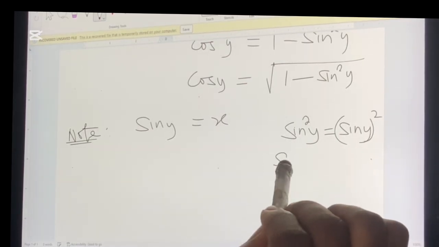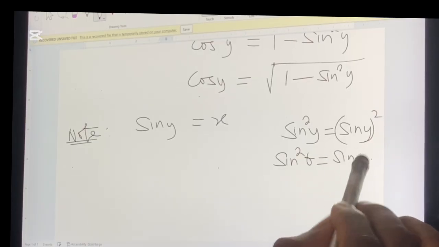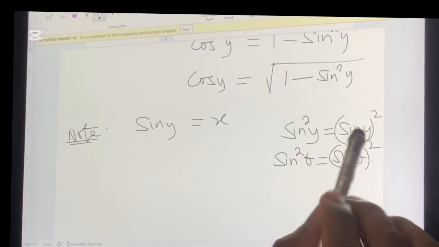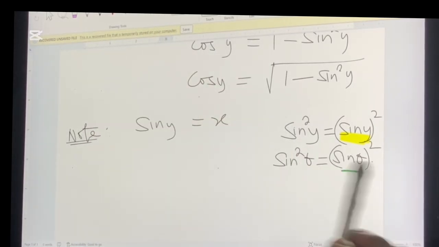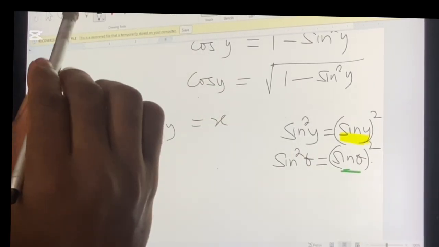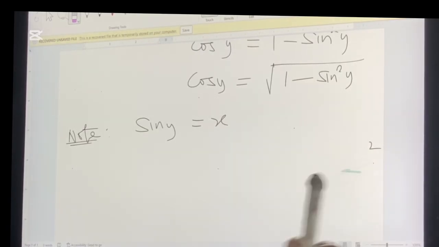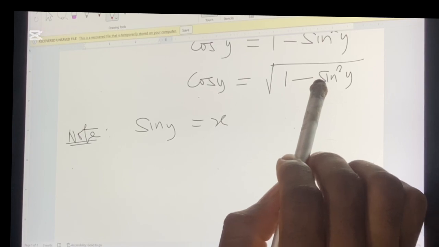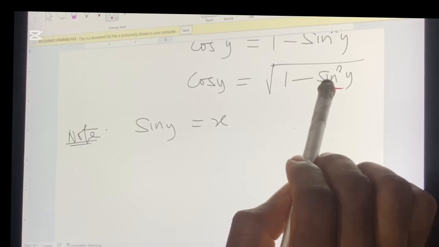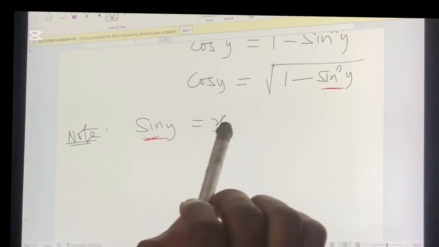If I have sine square theta, it is the same thing as sine theta all squared. So this sine square y is the same as sine y all square. And anywhere I see sine y, we replace that as s.